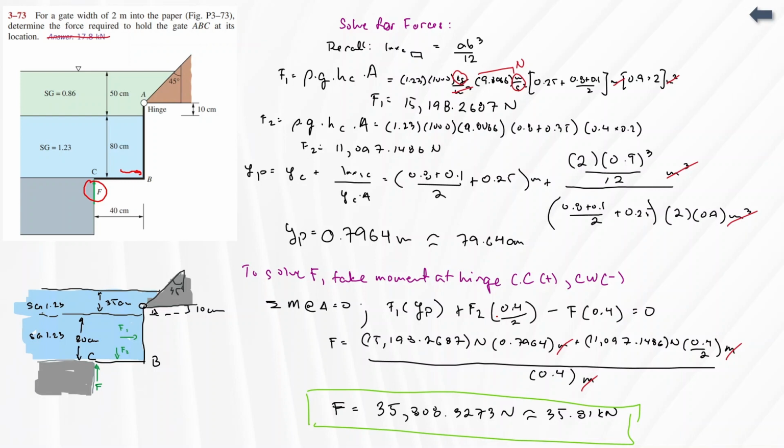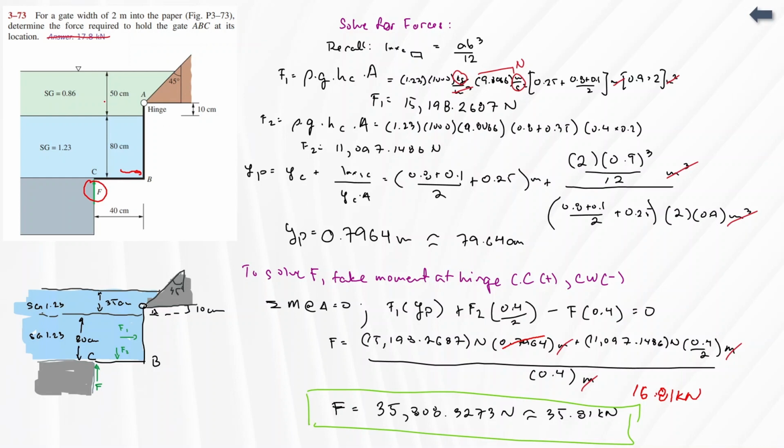I know where I got wrong. But the answer is not 17. It's 16.81 kilonewtons. The mistake I did there is because I forgot to minus 0.5.